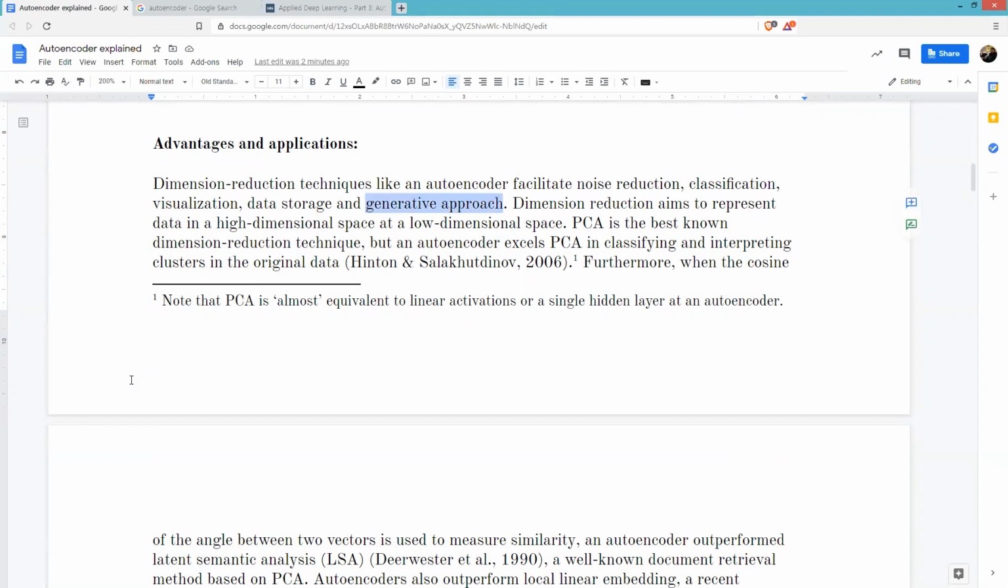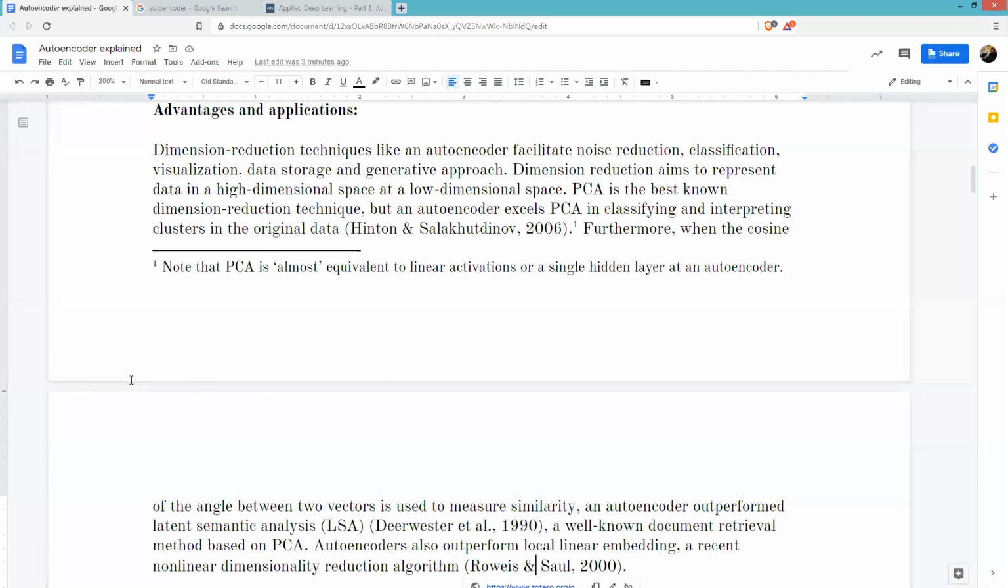Dimension reduction aims to represent the data in high dimensional space in a low dimensional space. As we learned, principal component analysis, PCA, is the best known dimension reduction technique, but an autoencoder excels PCA in classifying and interpreting clusters, basically groups, in the original data.